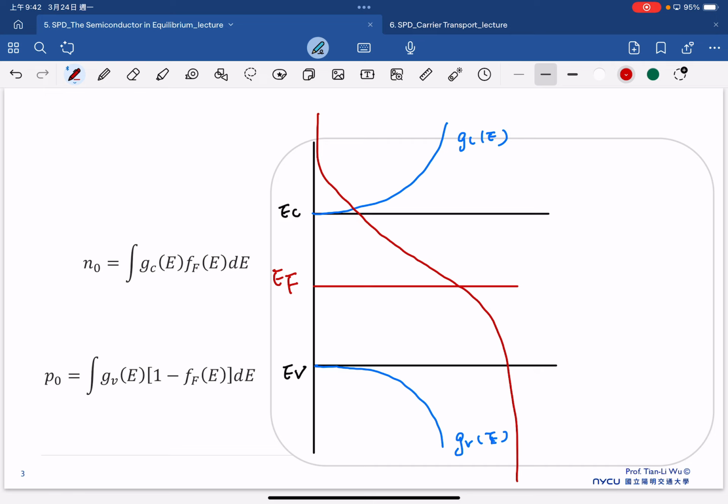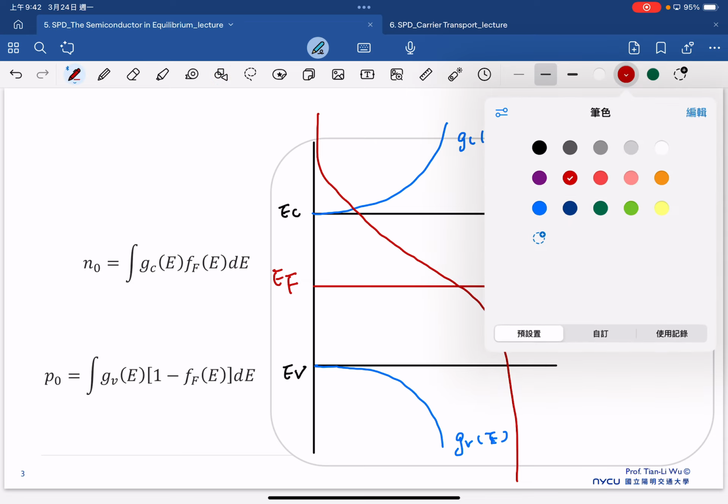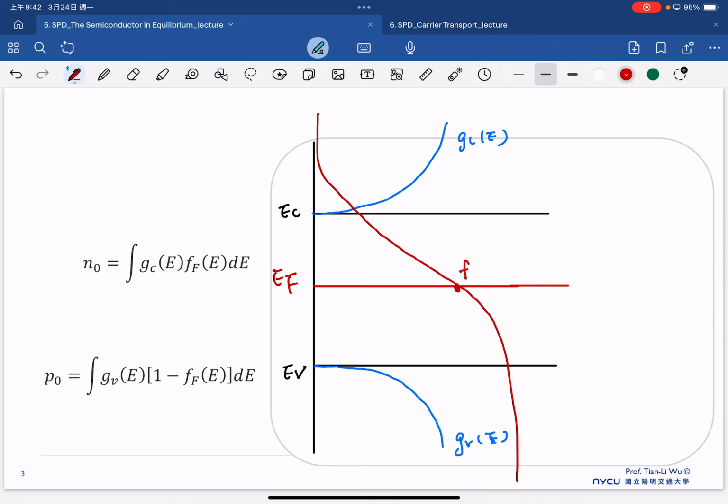So this will be our distribution function, and this point is our FFE here. So this is our GC, and this is our distribution function.